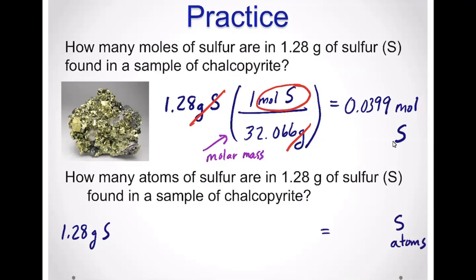Okay, so do we know a conversion that'll get us from grams to number of particles? No, right? But we do know how to go from grams to moles, like we just did here. And then we can go from moles to particles.